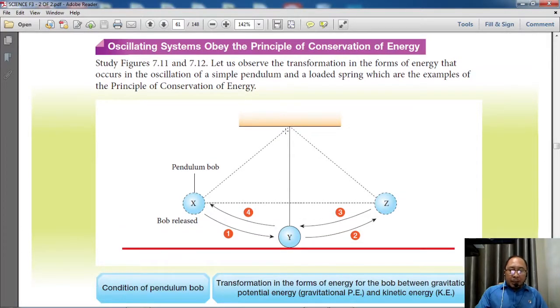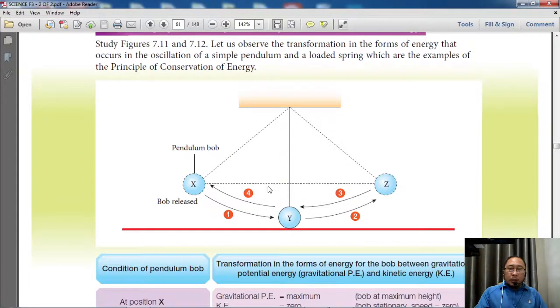Okay, this oscillation system uses a pendulum. This pendulum ball, or bob, is tied up using a rope or thread.